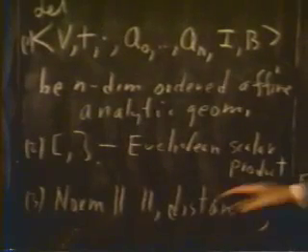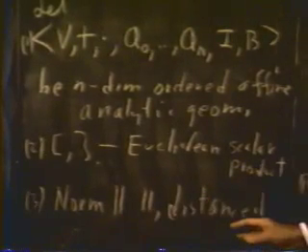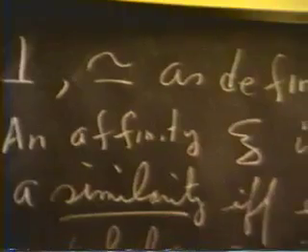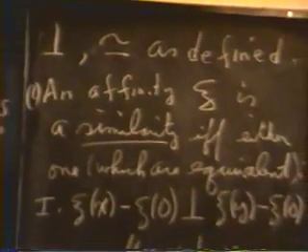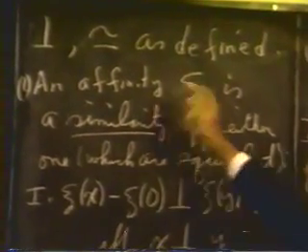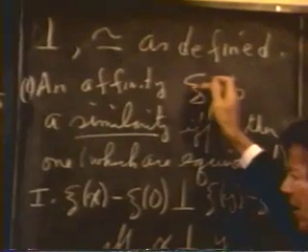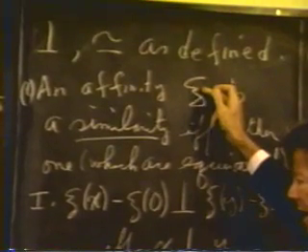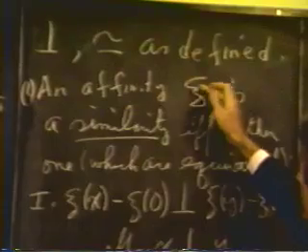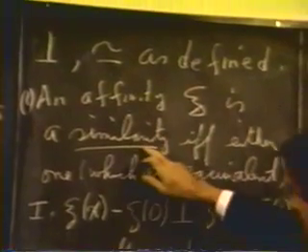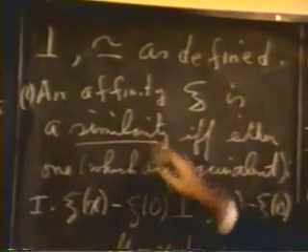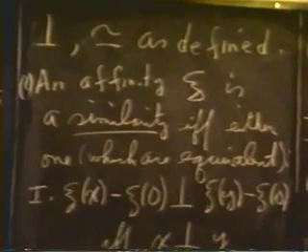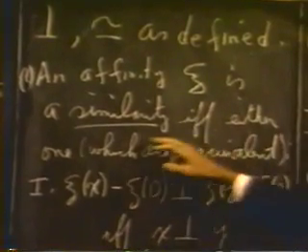We also assume we have the norm as defined, the Euclidean distance, and the congruence and perpendicularity relations. We then say, using all of these concepts, that an affinity C, that is an affinity now in the sense of the analytic affine geometry, is a similarity, similarity being a Euclidean notion, if and only if either one of the following properties hold.